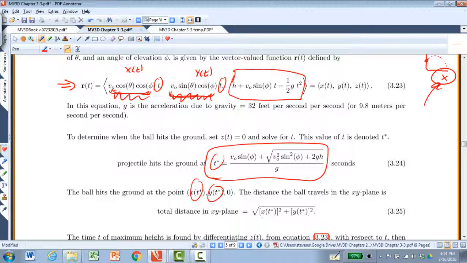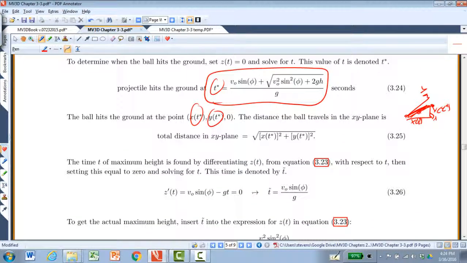So that's what I mean by x of t star, y of t star. But again, remember we're down here at x, y. We want this distance. That's going to be x of t star on the x-axis, y of t star here. And so this is the hypotenuse. It's just the square root of x of t star squared plus y of t star squared.